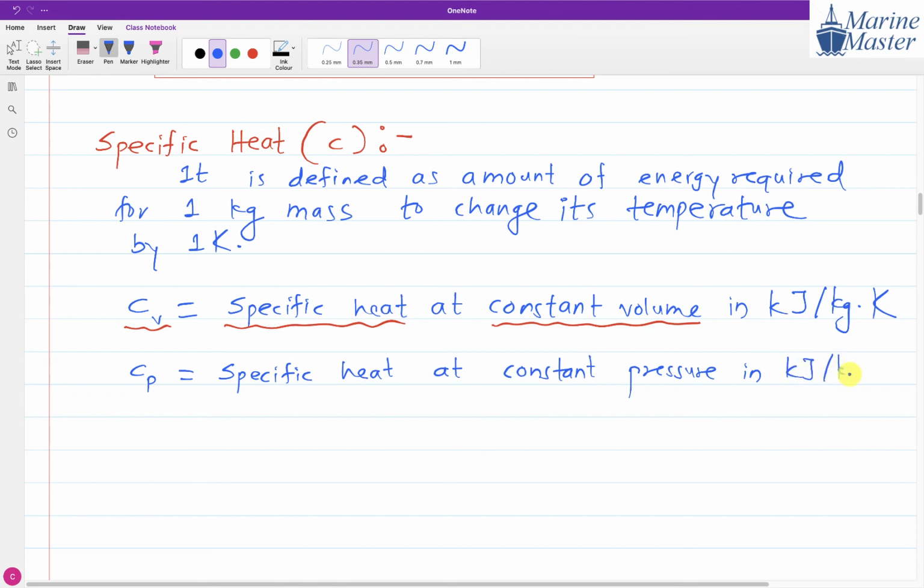Whatever may be the process, the value of Cv and Cp will remain constant for that particular ideal gas. Please write down this discussion about specific heat.